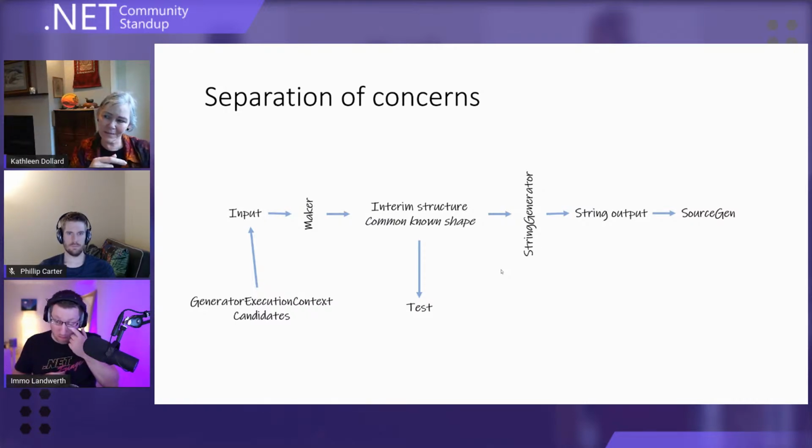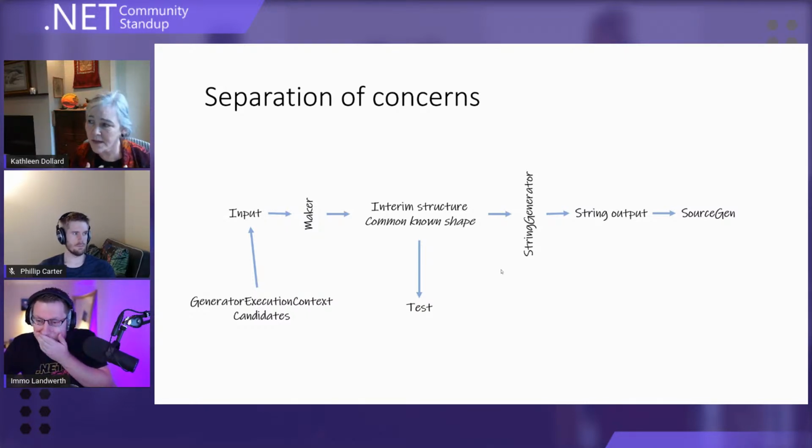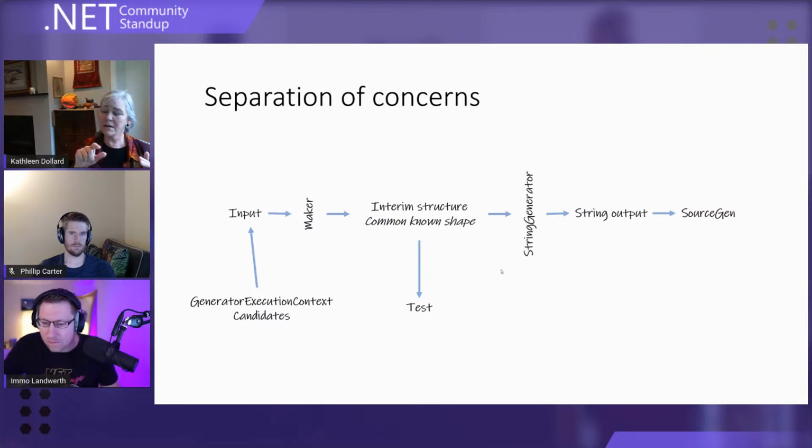So being able to get the semantic model with the syntax tree and the context, that's what I care about. And then I also may care about candidates. I'm not actually using a syntax receiver, but if you're using a syntax receiver, then you want to feed into your process a set of candidates, which you can just manually create.